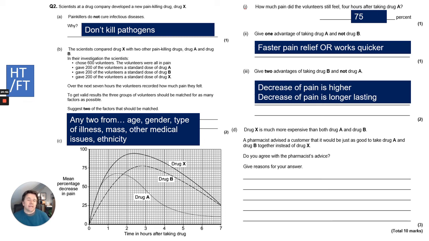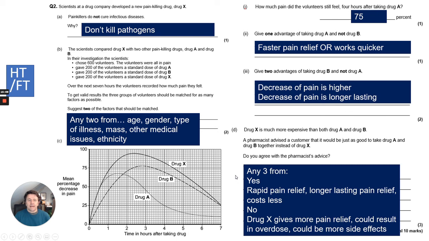And then it says drug X is more expensive than A and B, and a pharmacist advised a customer that it would be just as good to take drugs A and B together rather than X. Do you agree with the pharmacist's advice? Give reasons for your answer. Okay, so any 3 from, you could say yes or no basically.